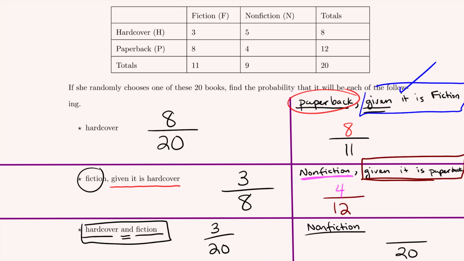How many of those books would be nonfiction? 9 of the books are nonfiction. So pay careful attention to the phrasing, the differences between and, given information, and just straight probability problems where we're not looking for anything given anything else, just in the original situation, how many hardcovers were there?